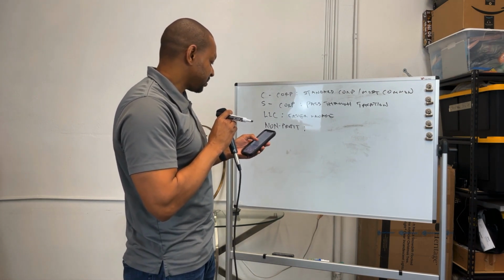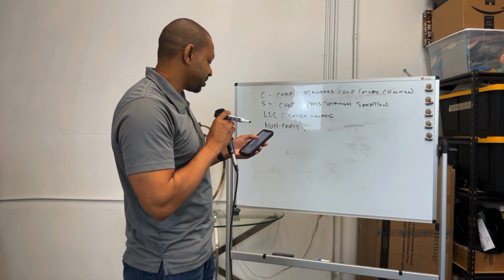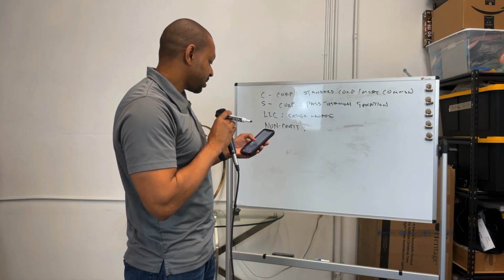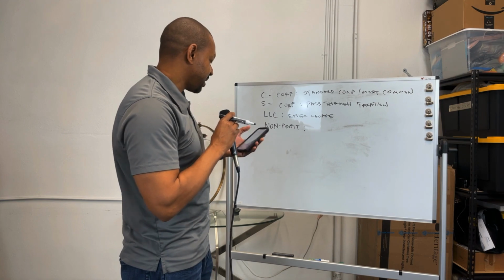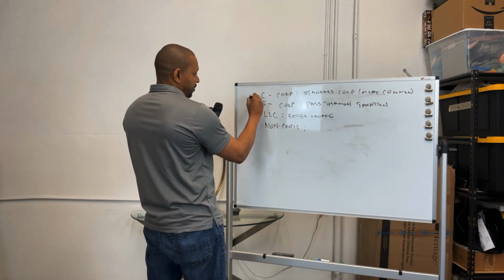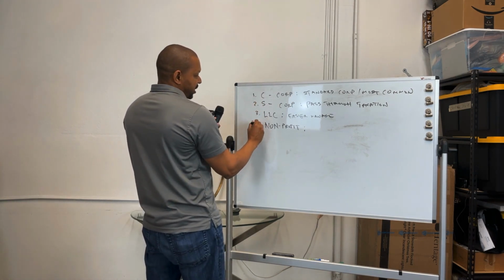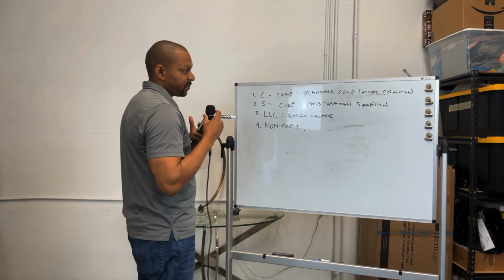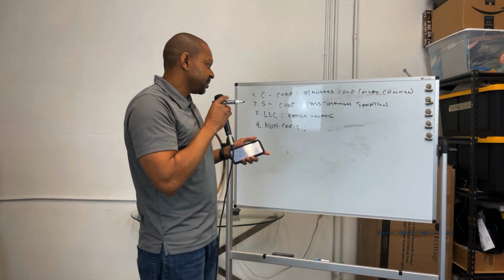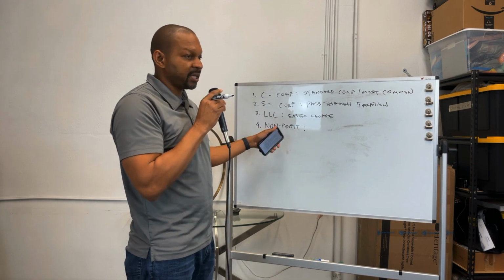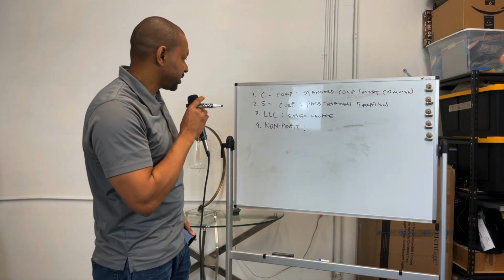So let's talk about some of the tax considerations for these. Now, we have the four main setups. And I'm going to say these are the four main setups for residential facilities. You don't have to be a nonprofit to open up a residential facility.